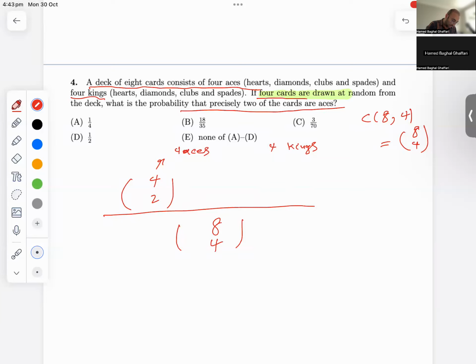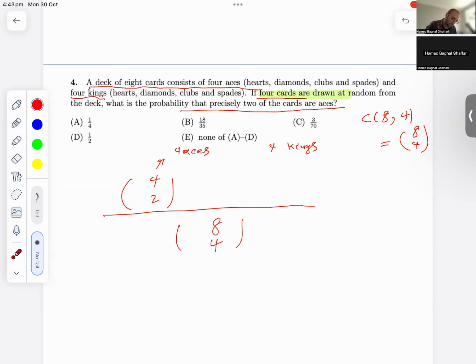So exactly we have 4 aces, and if precisely 2 of the cards are aces, I need to choose 2 of the aces from 4, and the rest will have to be choosing 2 cards from the kings.